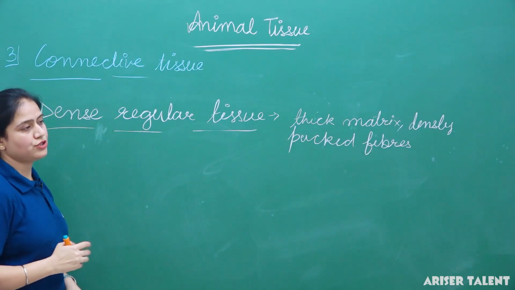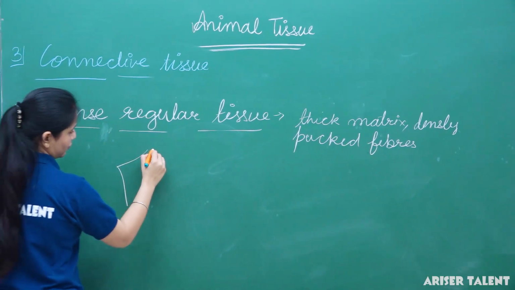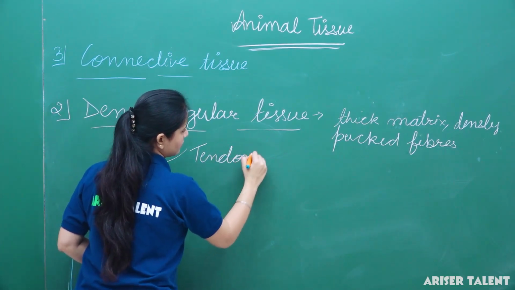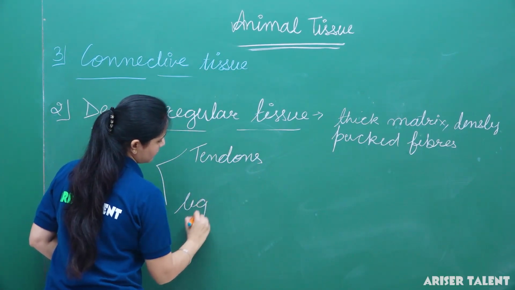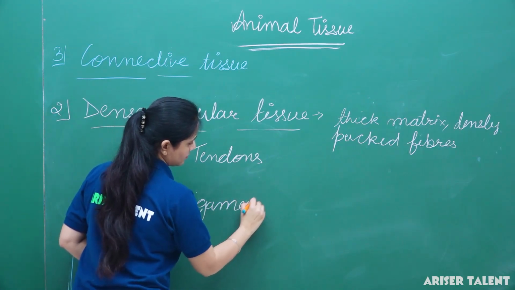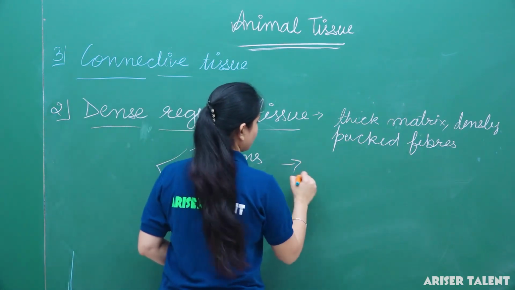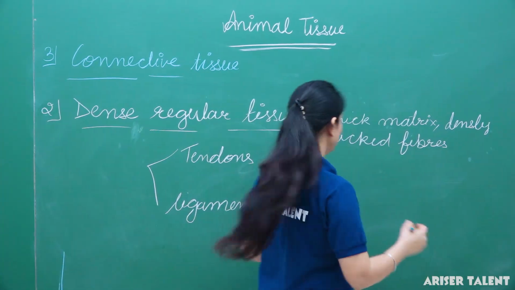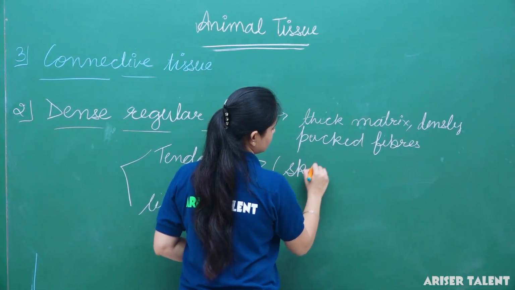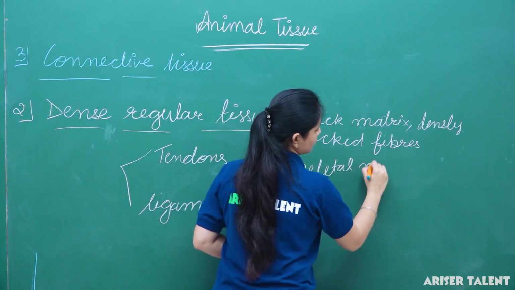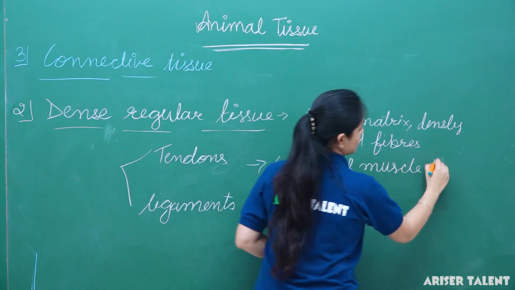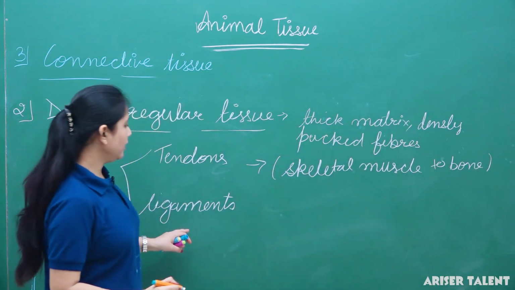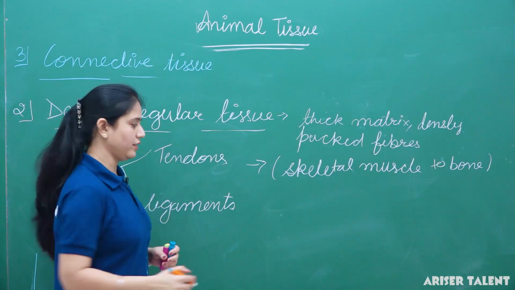Again, the dense regular tissue contains 2 types of tissues or cells, tendons and ligaments. Tendons join the skeletal muscle to bone. And ligaments join 2 bones together.